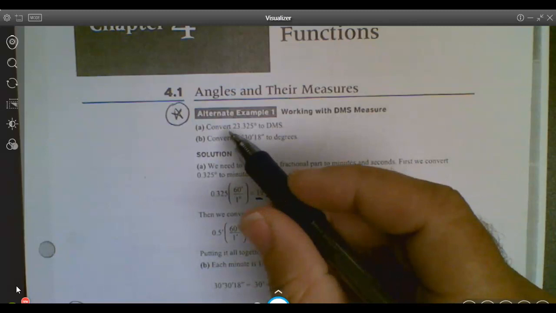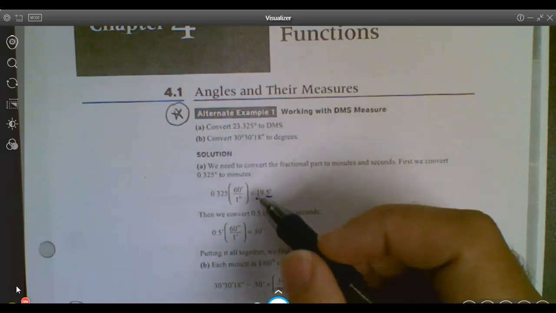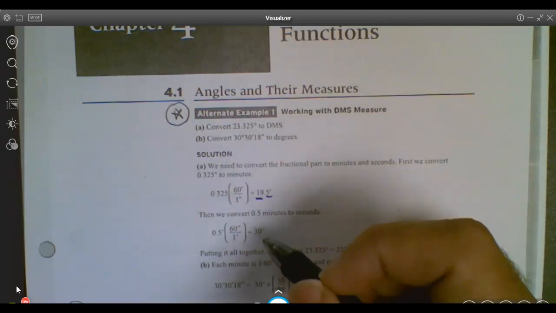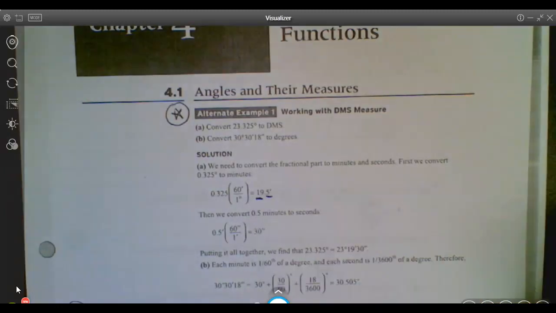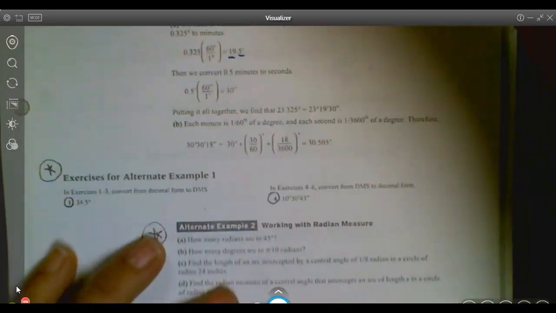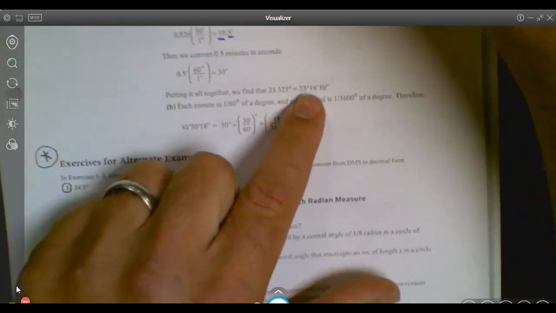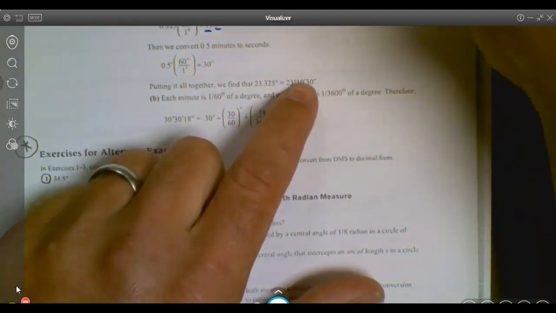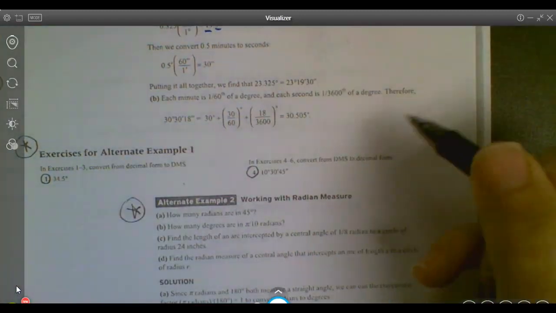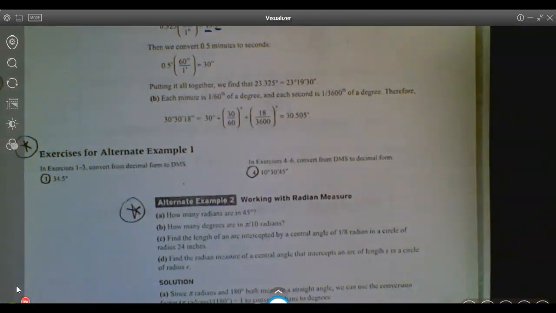So we had the degrees was 23, the minutes was the 19, and the seconds was the 30, right? And so they write that in this form right here. So they put the single little accent mark to represent the minutes, and then the double accent to represent the seconds.